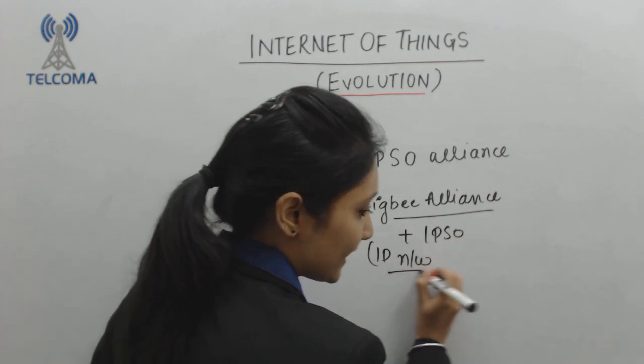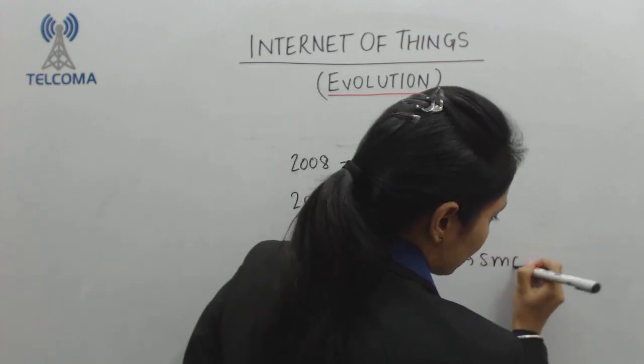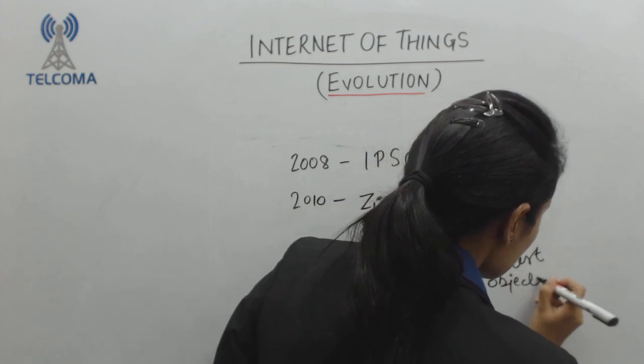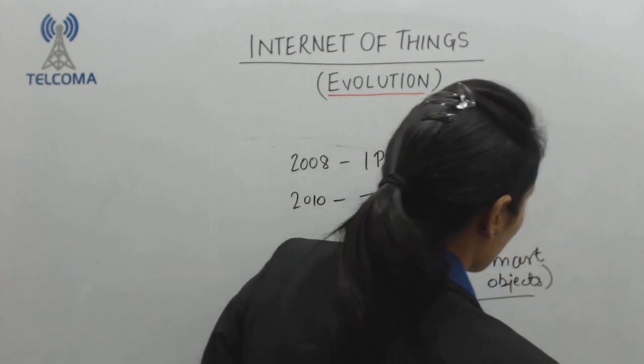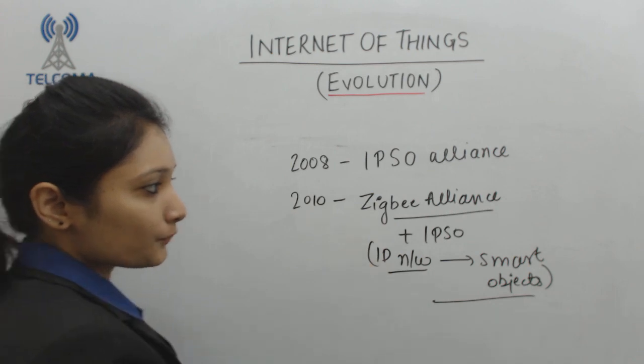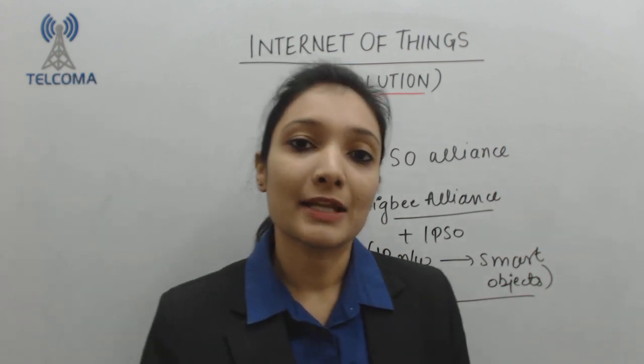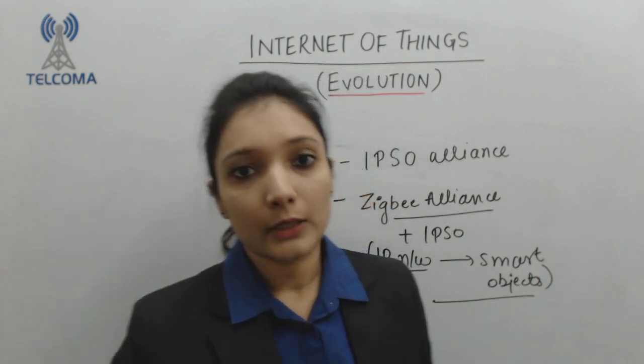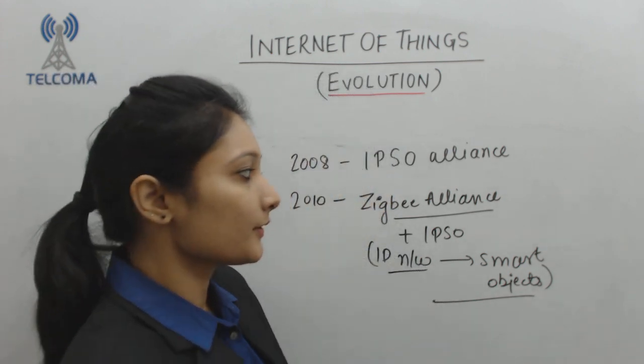For the IP networks for smart objects. So different organizations came together so that the platform for the deployment of the Internet of Things is developed at a faster rate.